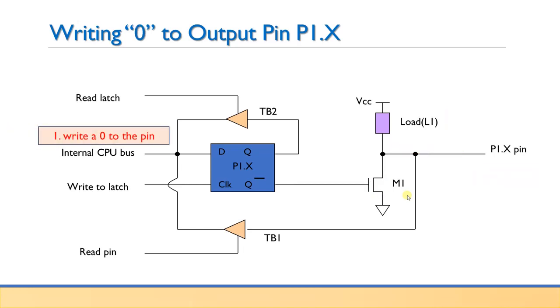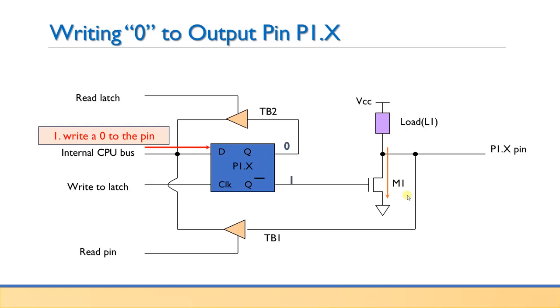Now if I have to write 0, then I will write 0 to the D input of the flip-flop. So 0 is written there. As this D is 0, Q will be 0. Now Q is 0, Q bar is 1. As Q bar is 1, this transistor will turn on and it will allow some current to flow through the transistor.